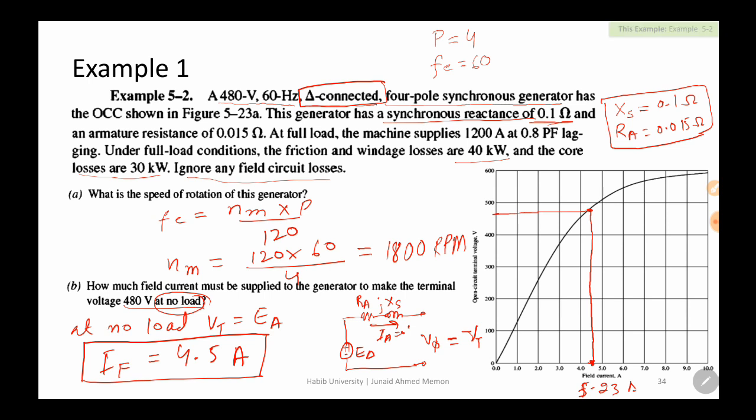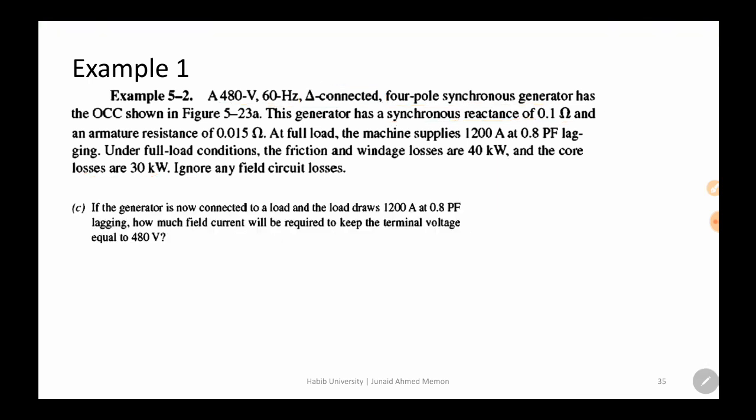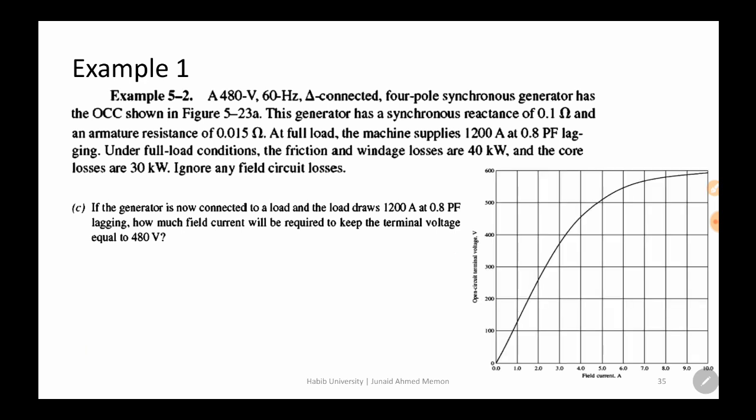So let's move towards part C, which says: if the generator is now connected to a load and the load draws 1200 amperes at 0.8 power factor lagging, how much field current will be required to keep the terminal voltage 480 volts? So now we have a load current as well. The only thing that is different now is that we have a current there.